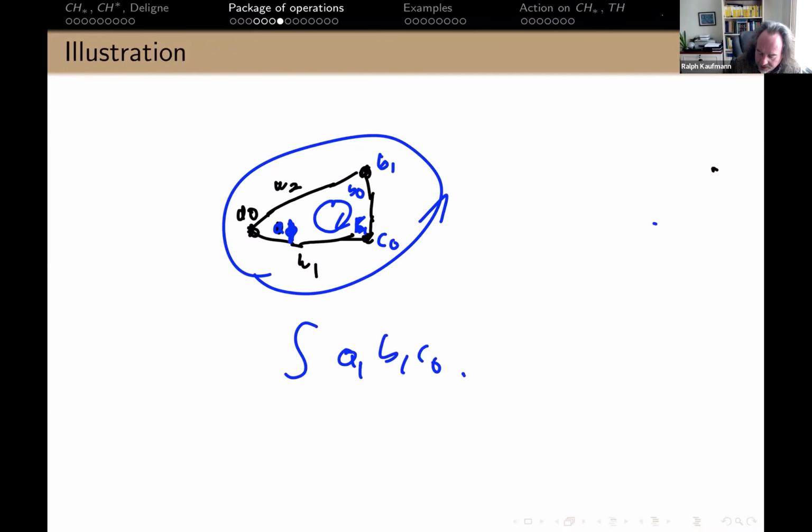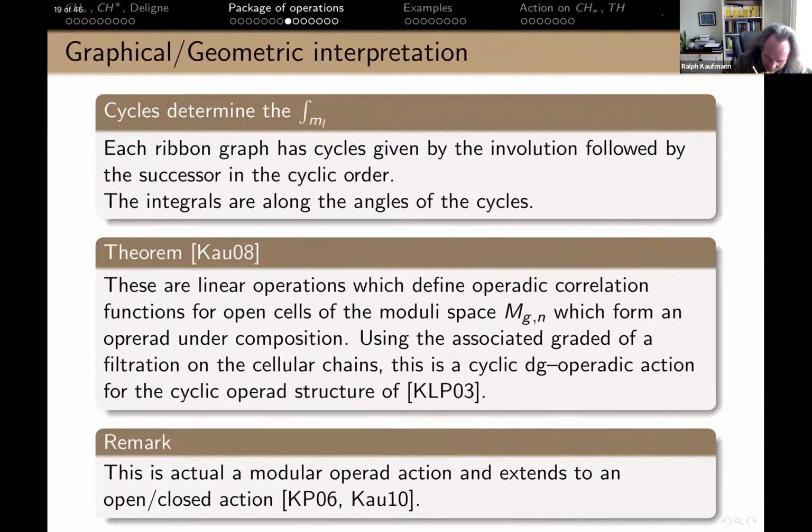All right, so that is an operation. And you can't argue with the definition, but where in the world did this come from? It came from some geometric thing, namely the theorem I proved back in '06, which appeared in '08, that these linear operations define operadic correlation functions. That means you can stick them together using a Casimir element for open cells of the moduli space M_{g,n}.